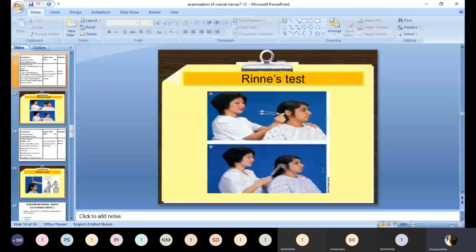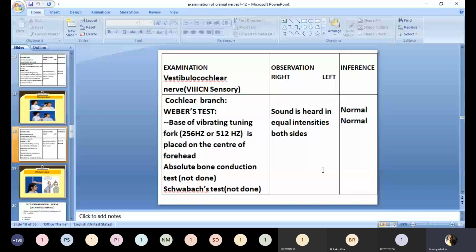Also, there is another test called Weber's test. In this also bone conduction is tested in both the ears simultaneously. In Rene's test we do it alternatively: first we check the right and then the left. But in Weber's test, we check the bone conduction in both the ears simultaneously.